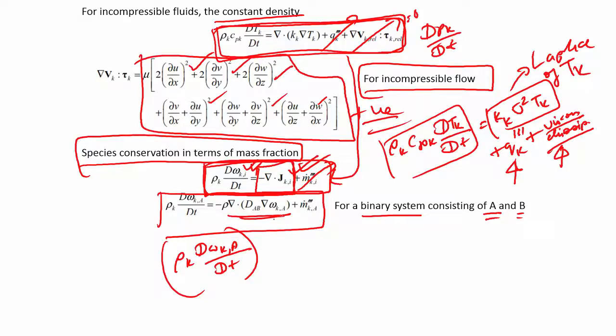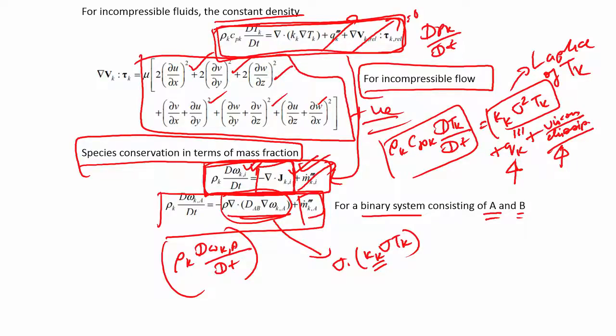This particular term looks exactly like your diffusion term. If you look at the similarity, you can see it. This looks exactly the same as this, right. Okay. So, this is also a diffusion term therefore, and this is the corresponding generation term.